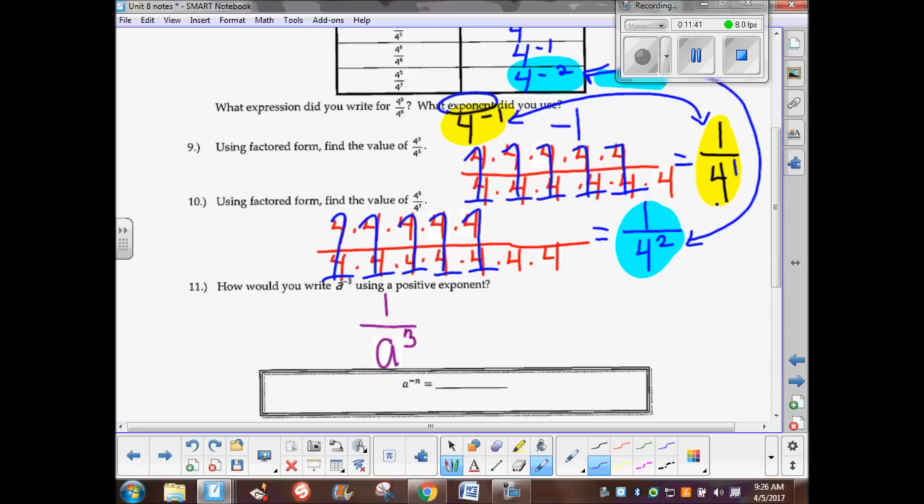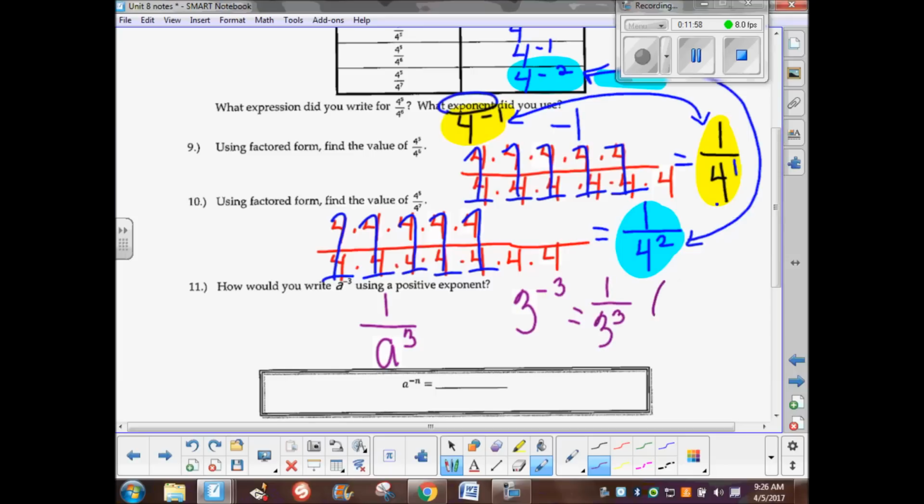Okay, let's do another one. What about if I had 3 to the negative 3rd power? Who thinks they know what that's equal to with a positive exponent? Kim? 1 over 3 to the 3rd power.